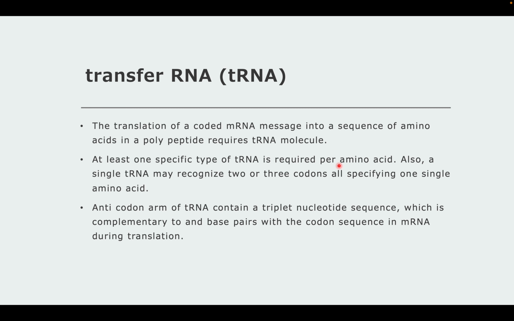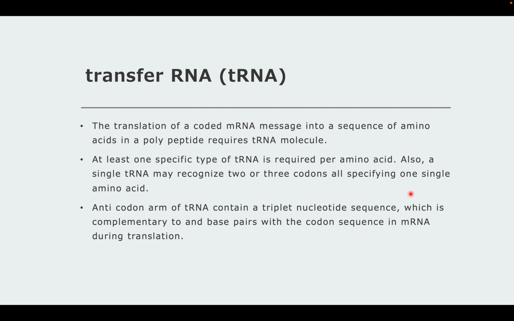The anticodon arm of the tRNA contains a triplet nucleotide sequence which is complementary to and base pairs with the mRNA. Suppose you have AUG at the mRNA, then in the tRNA it has to be the opposite, UAC. Only then will this tRNA come and bind to the mRNA, because then it will form base pairing.